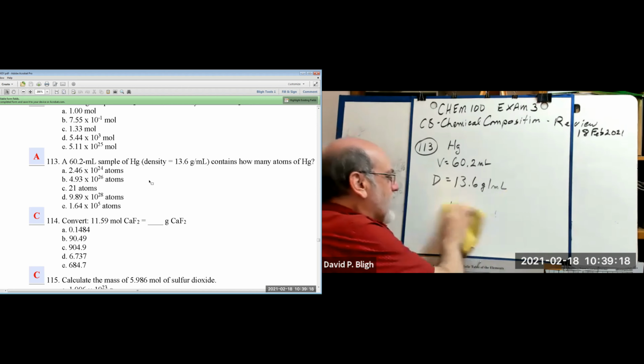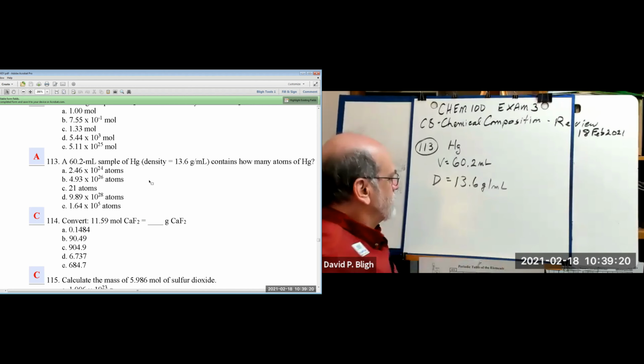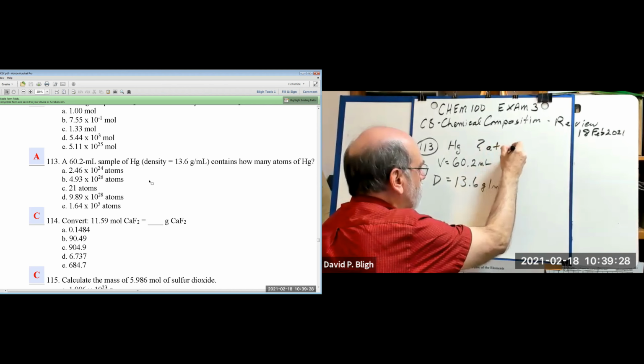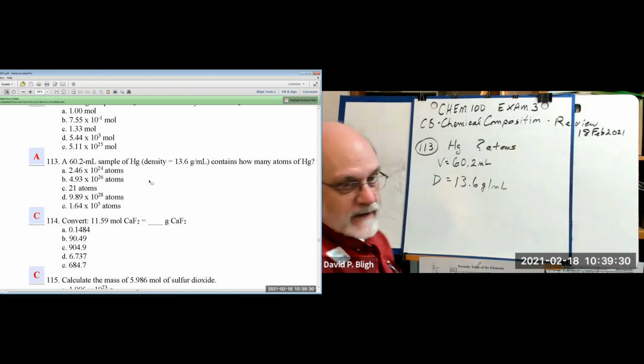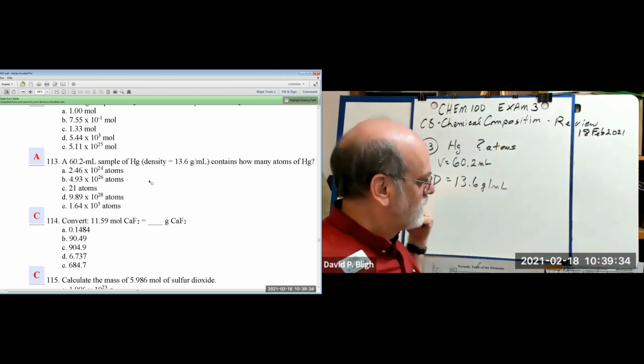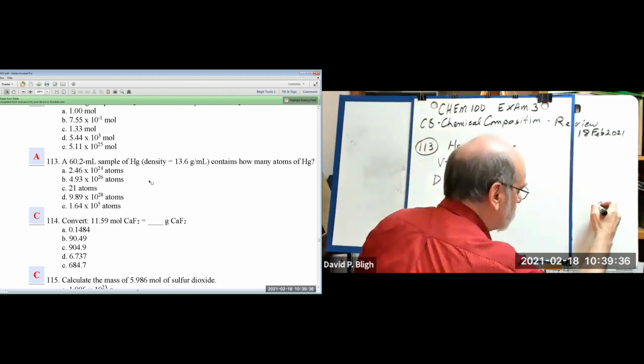So now we have these conditions, and the question is how many atoms? All right. So this might be helpful to work the problem backwards. You want number of atoms over here.